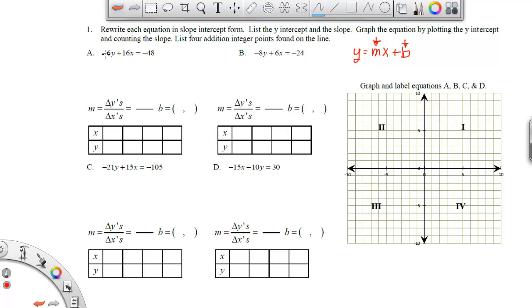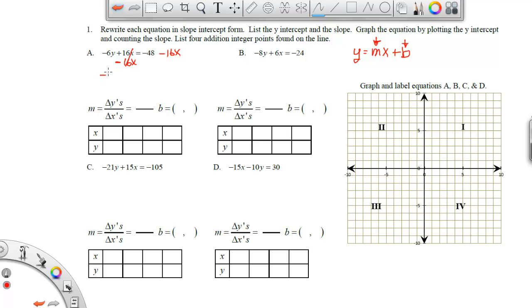So we're going to go ahead and do this one, and we know that the first thing that we do, this isn't in standard form, but it's really close. So we always want to get rid of the x term, move it to the other side. So here I have a positive 16x, so I want to subtract it from each side. And then we know that that goes to 0, so it's gone.